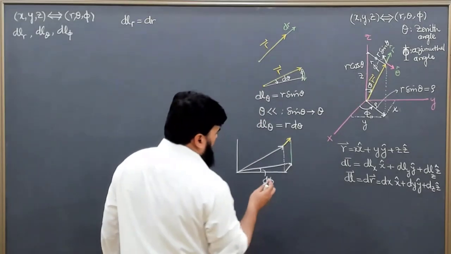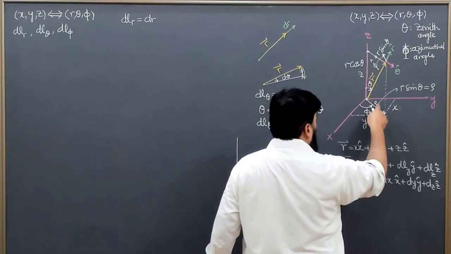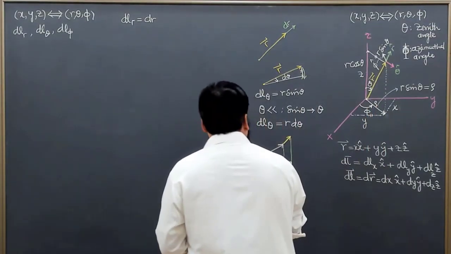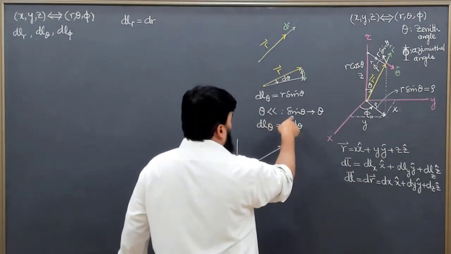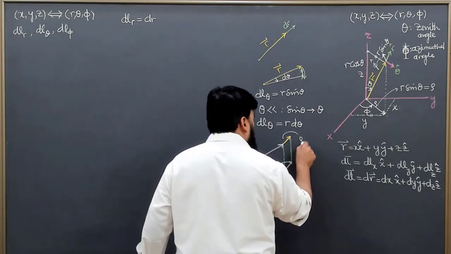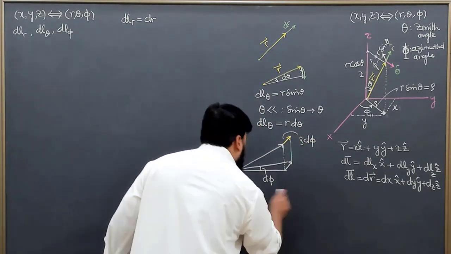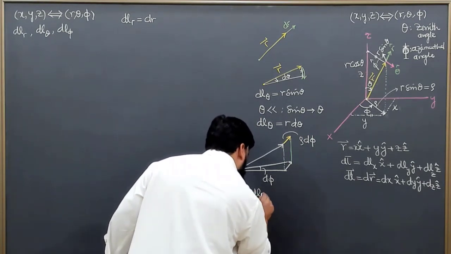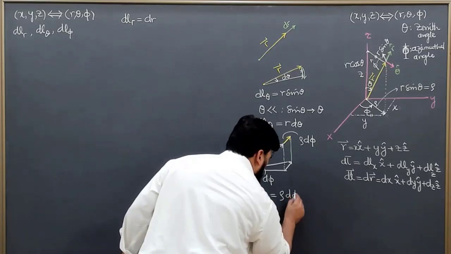So this phi angle moves a little bit, and it will come out to be rho times d phi. Means when this goes a little bit, this component will come out to be rho d phi, and dl phi is rho d phi.